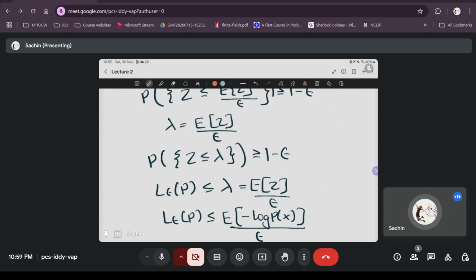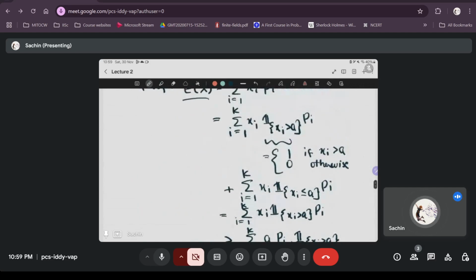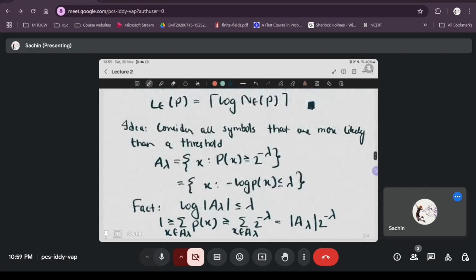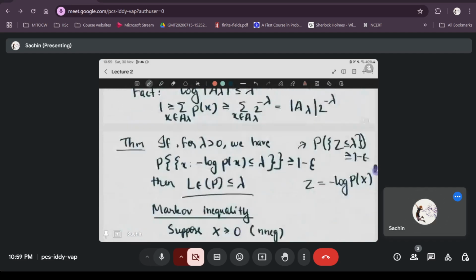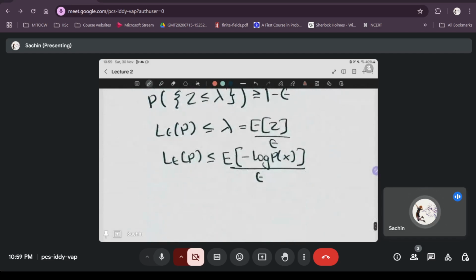And from that I get L epsilon of p less than or equal to lambda, which is equal to E of z over epsilon. So this is not the exact formula, it's an upper bound, but still this upper bound is much clearer than the previous formula that we had, which is n L epsilon of p is the ceiling of log n epsilon of p. So this isolates the effect of epsilon from the probability distribution.